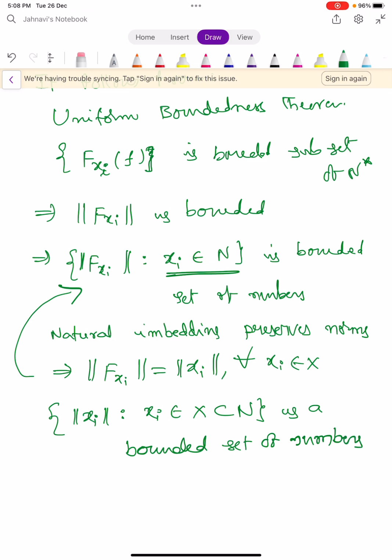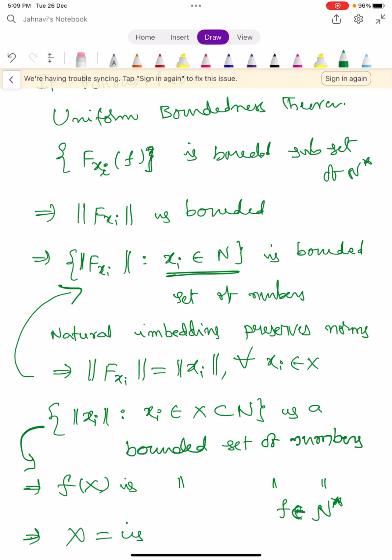This is nothing but f of capital X is a bounded set of numbers for each f belongs to the conjugate space N star, which is what is required.